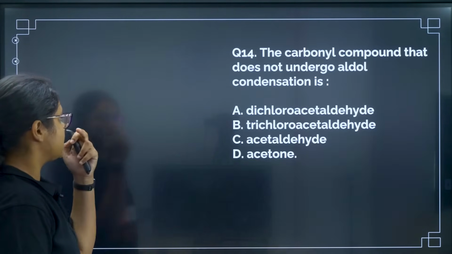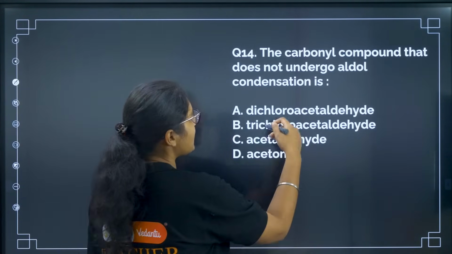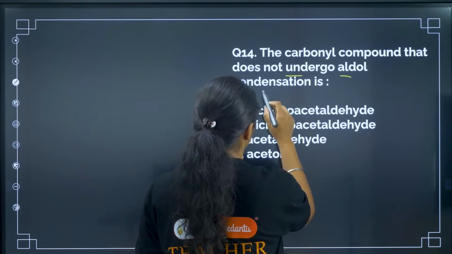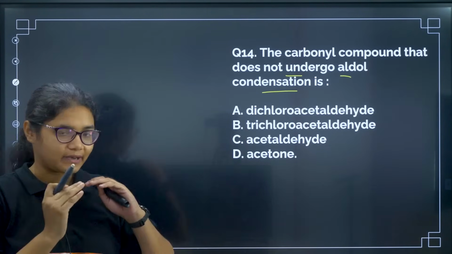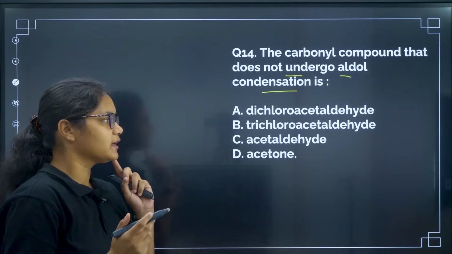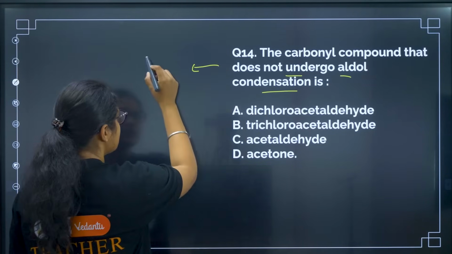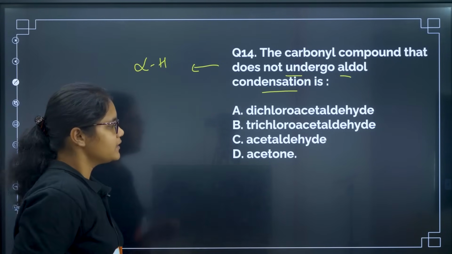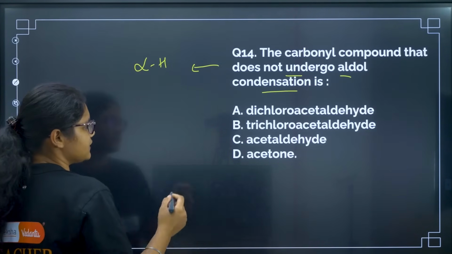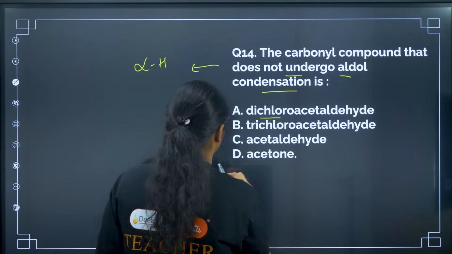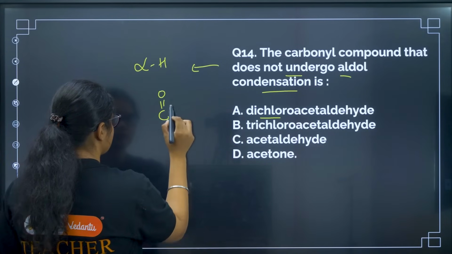Now let us see the next question. The carbonyl compound that does not undergo aldol condensation. Many questions are asked from aldol condensation. The condition for aldol condensation is the presence of alpha hydrogen. We can see this compound, dichloroacetaldehyde. What is the structure here?